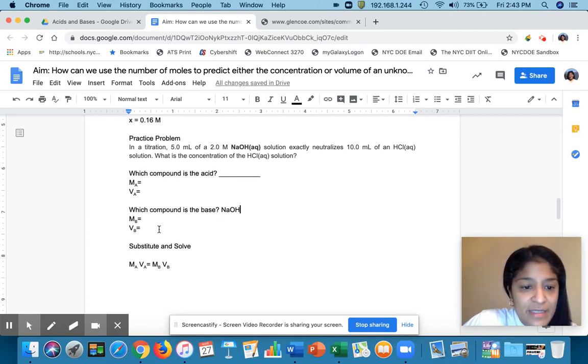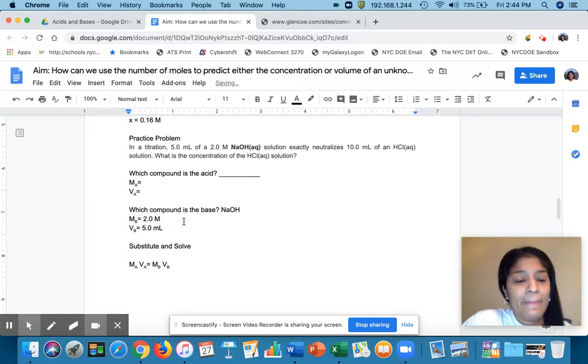And it tells us that we have 5.0 ml, and it's 2.0 molar, right? Solution that exactly neutralizes 10 ml of an HCl solution. HCl, it starts with H and it has a negative ion, so it must be our acid.